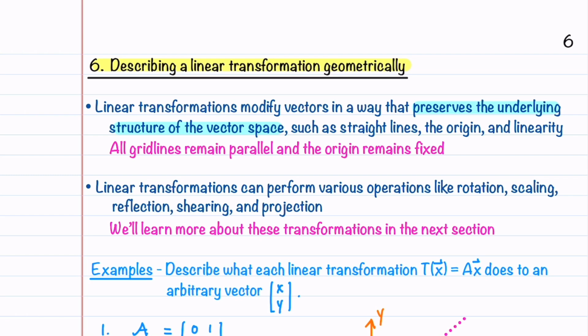Just as we said before, this means that all grid lines remain parallel and the origin remains fixed. Linear transformations can perform various operations like rotation, scaling, reflection, shearing, and projection. We're going to learn a lot more about all of these in the next section. For now, we're just going to look at 3 examples of these transformations.